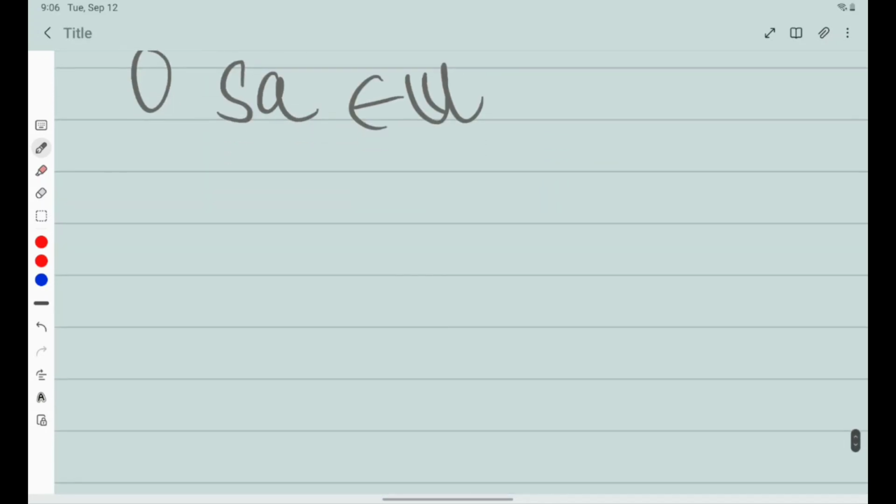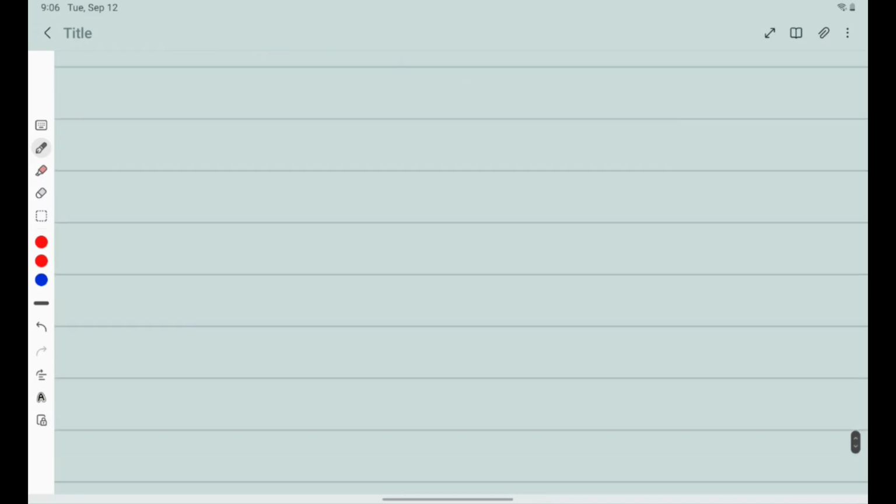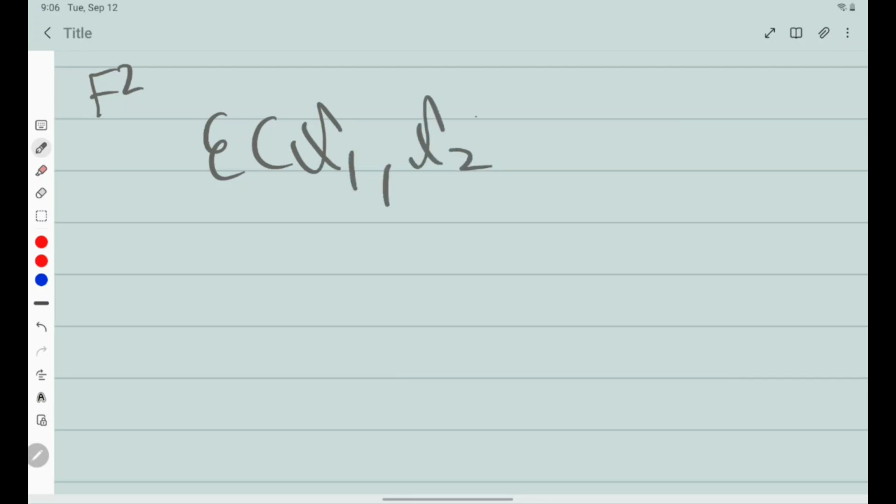A good example would be: we're going to take all vectors in F2. So we're going to have our first element and our second element, where the first element is equal to 5 times the second element, plus 1.